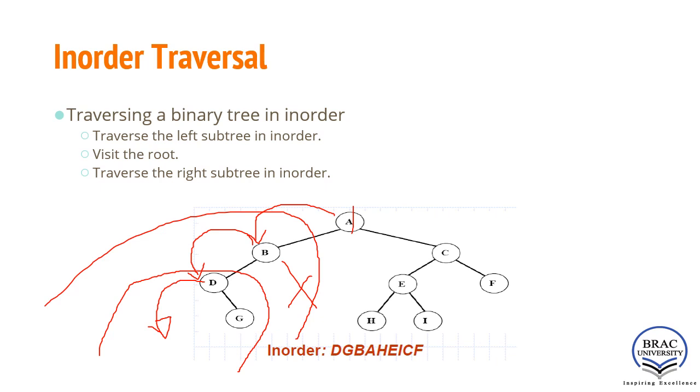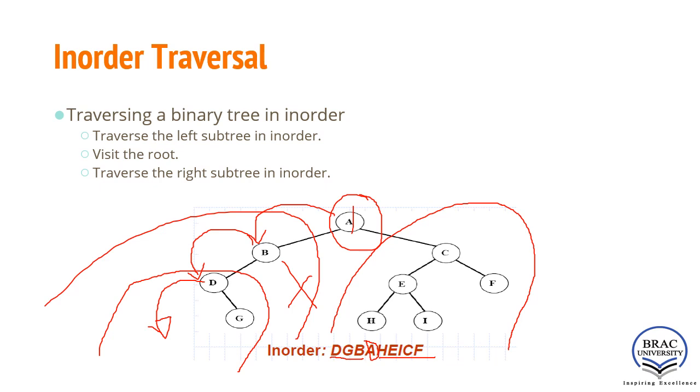So when we have completed traversing the left subtree, then we must visit the root. That means now we need to visit A. This part is the left subtree, then we visit A, and this part is the right subtree. After visiting A, we need to visit this right subtree using in-order traversal.